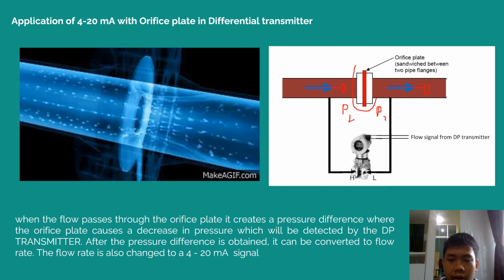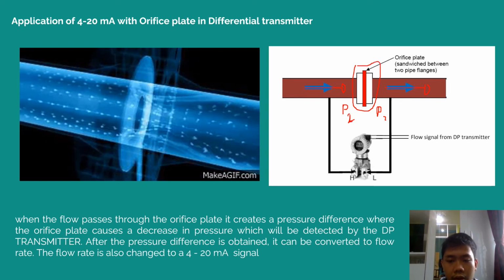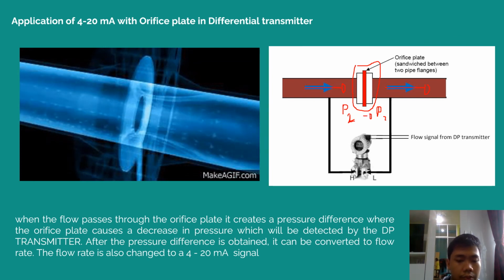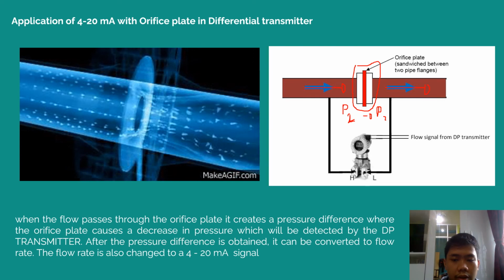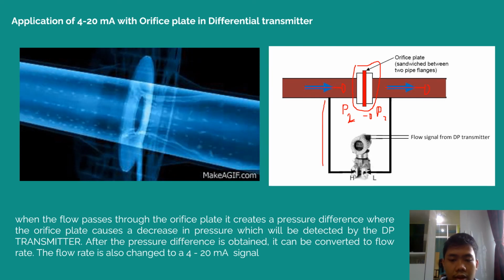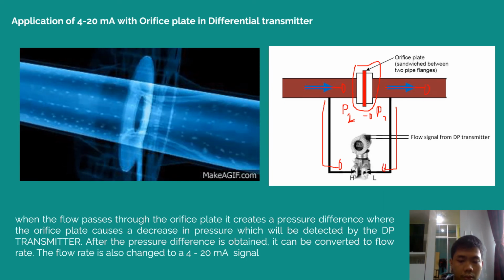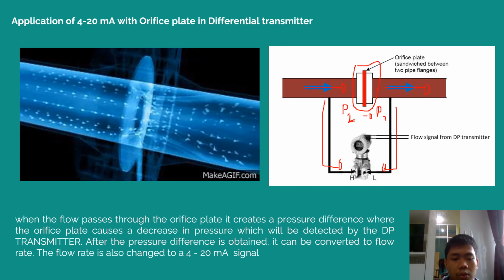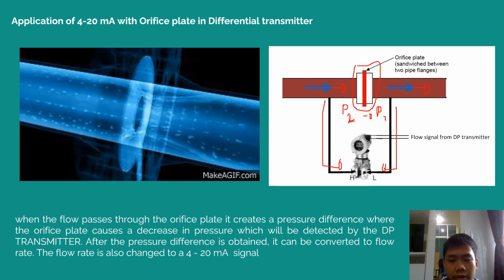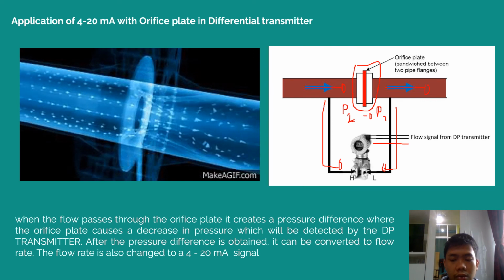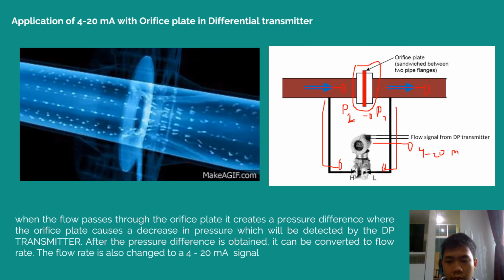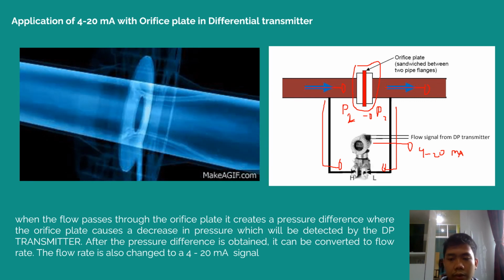The orifice plate makes the pressure decrease from P1 to P2, and then the transmitter will detect the differential pressure here, convert it to flow rate, and then convert it to a 4 to 20 milliampere signal. So this is a system for measuring flow rate.